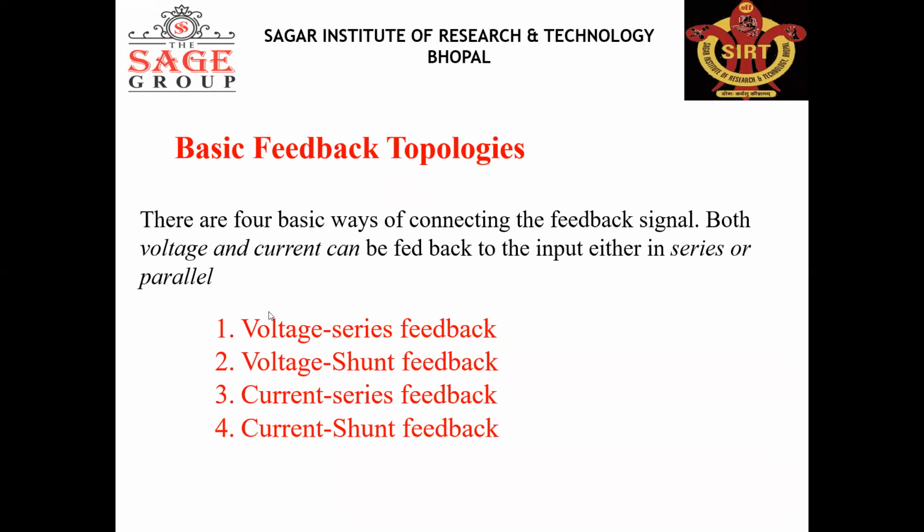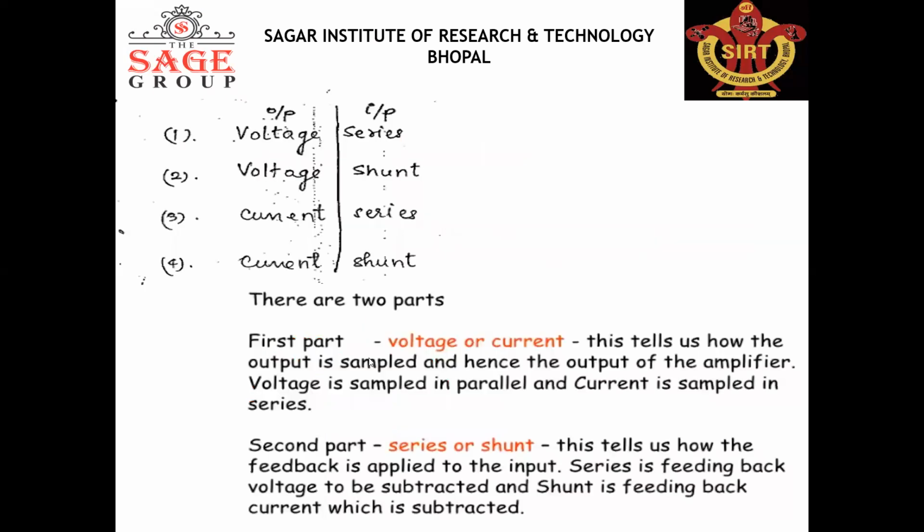So sampling is done either in voltage form or in current form, whereas the mixing of the two signals, the feedback signal and the input signal, will be done in series or in shunt. So the second part shows how the feedback signal is mixed with the input signal, in series form or in shunt form, right?